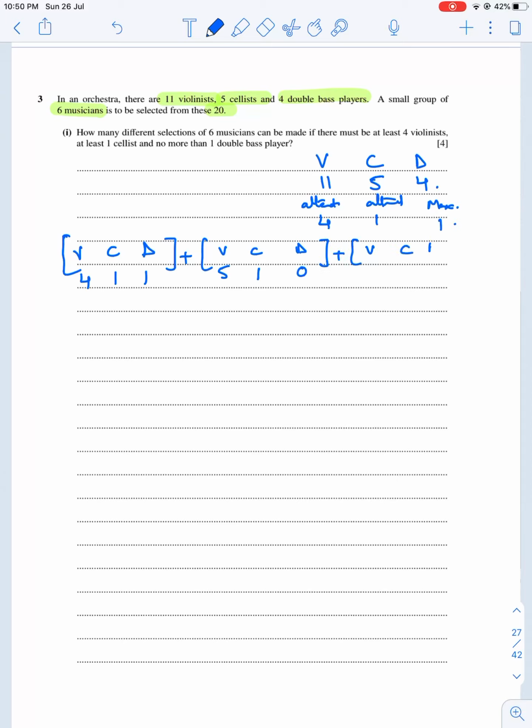Okay, let's take another option, V, C, D here. If I take this to be 0, if I take 2 cellists and 4 double bass players, that will also do. Then another option, V, C, D. Okay, if I take 5 violinists and I have to take 1 cellist, oh no, this will not work.